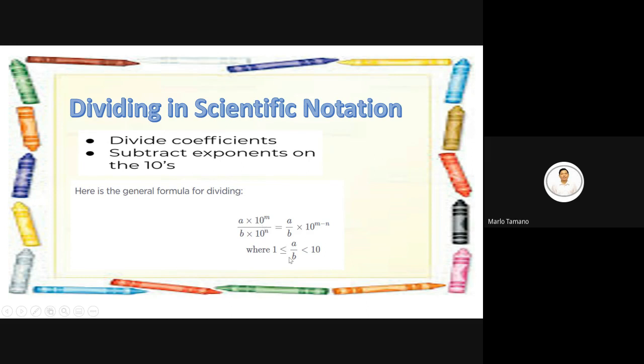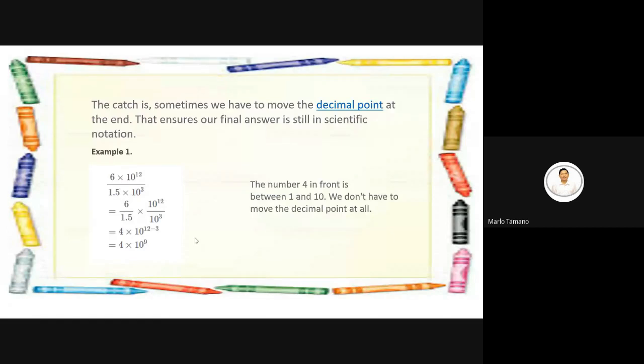Okay. So, yan po yung ating pinaka-formula. Next. The catch is, sometimes we have to move the decimal point at the end. That ensures our final answer is still in scientific notation.